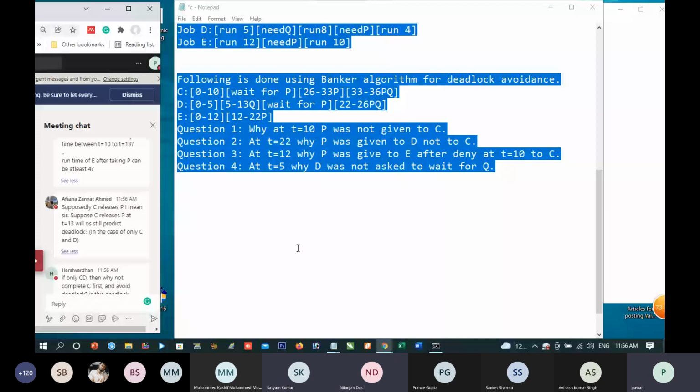No, if C releases P before it demands Q, then OS will permit it.